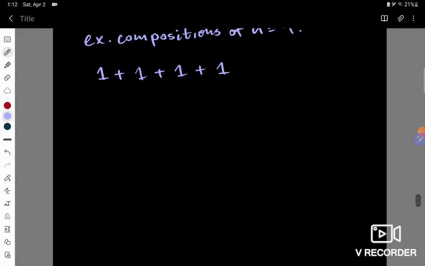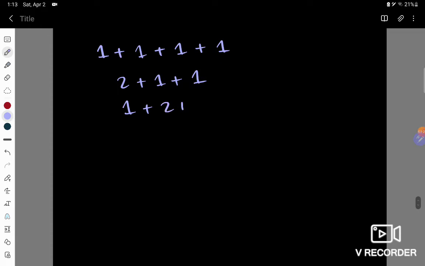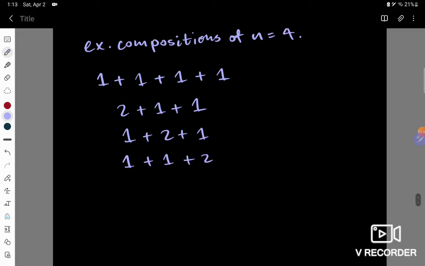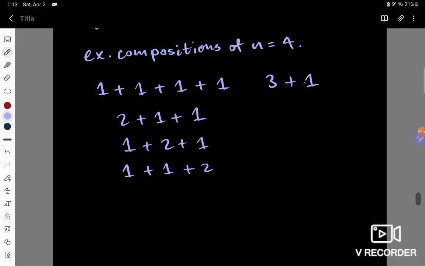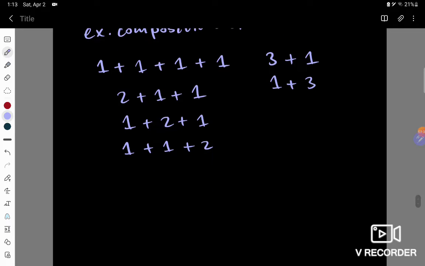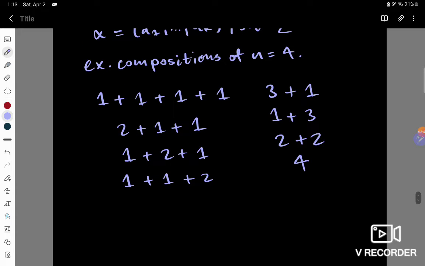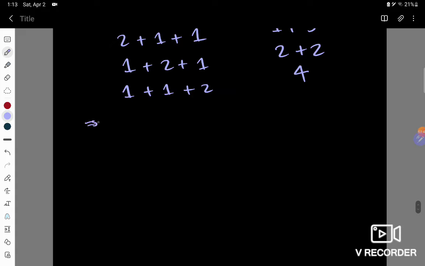And then we can group these 1 plus 1s, and we can say 2 plus 1 plus 1. Rearrange these: 1 plus 2 plus 1, 1 plus 1 plus 2, 3 plus 1, and then 1 plus 3. Switching these around, then you have 2 plus 2, and you have 4. You can check that there's no more, but there are 8 compositions of 4.